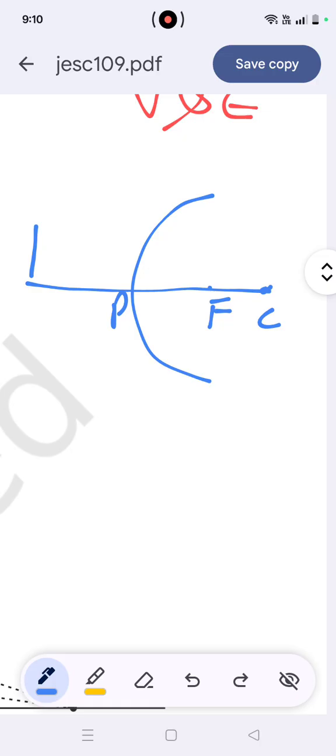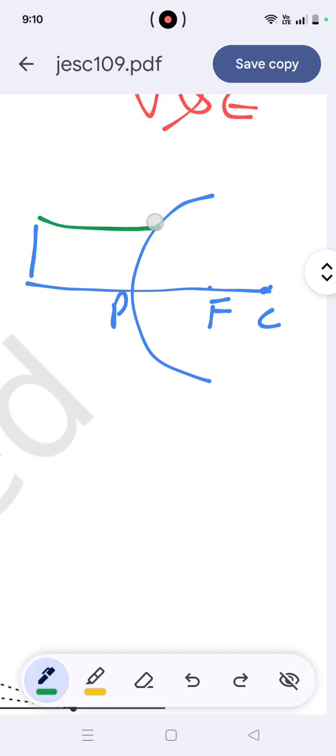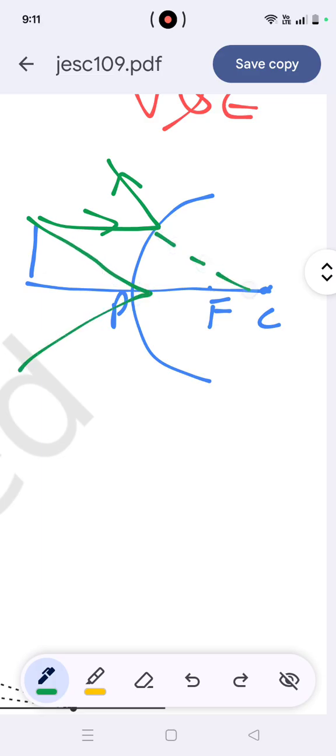Now when the object is placed between infinity and pole, the image formed will be between P and F. The three golden rules I told you: what will be the nature? Always virtual and erect.